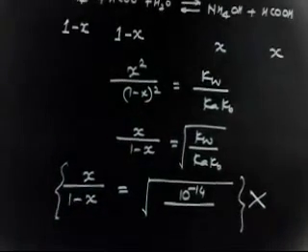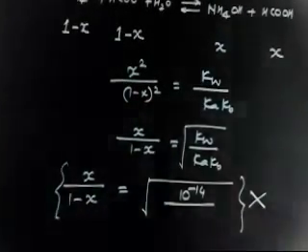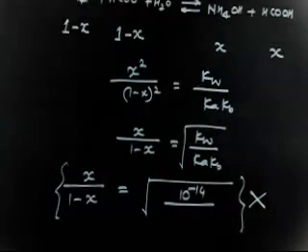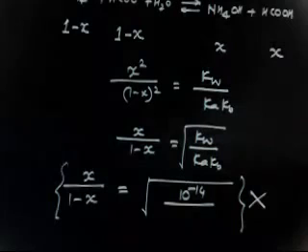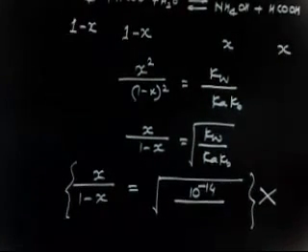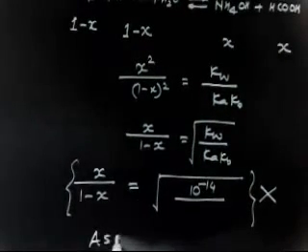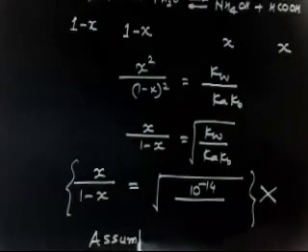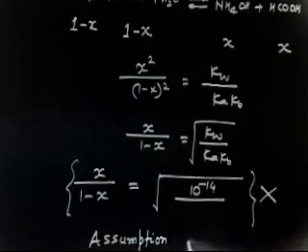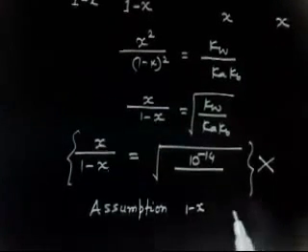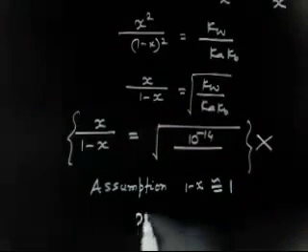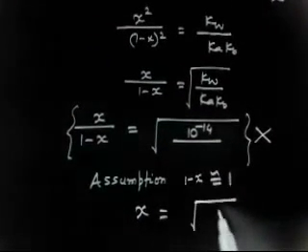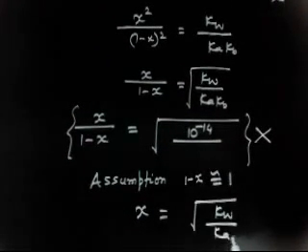Now let us make an assumption. What assumption can I make? The assumption is that x is much less than 1, and further I will check whether this assumption is right or wrong. So let us assume that 1 minus x is approximately equal to 1. So I can write x equals under root Kw by Kb.